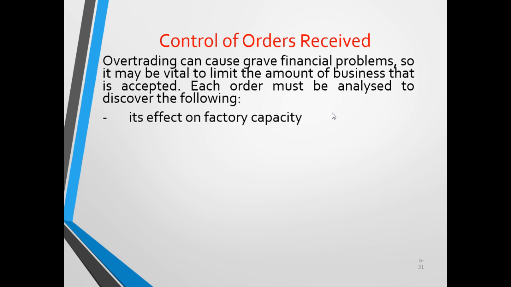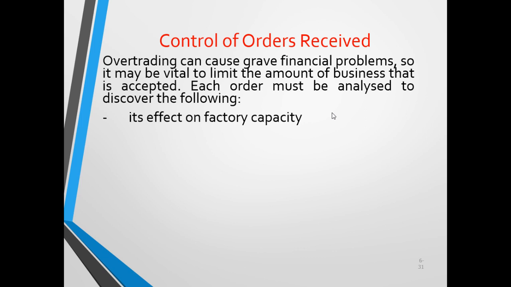Of course, the first aspect would be the effect on factory capacity. Do you have the capacity? Let's say in a month you can only produce 50,000 units of the particular product, but now you already have 50,000 worth of orders.